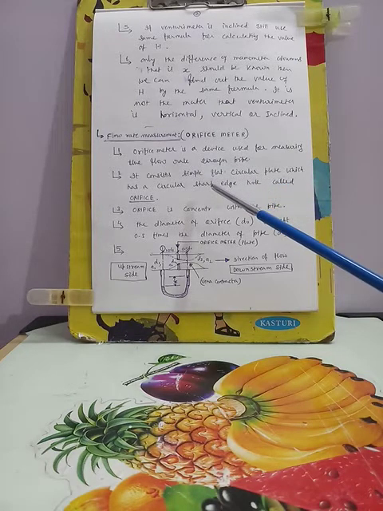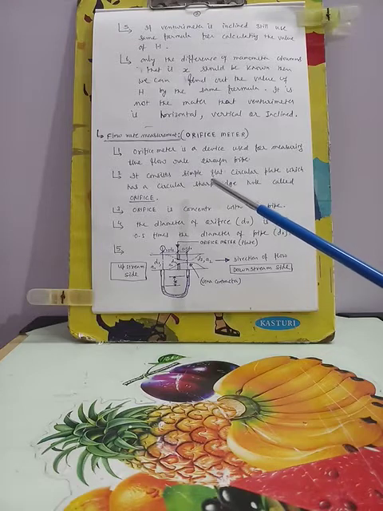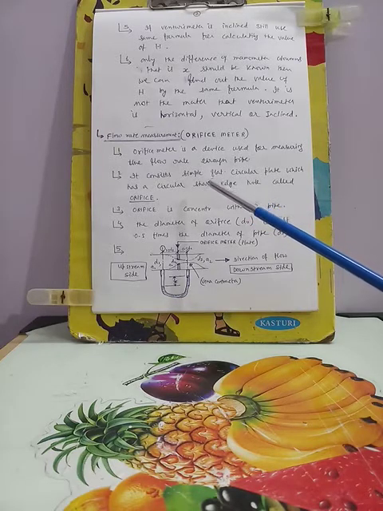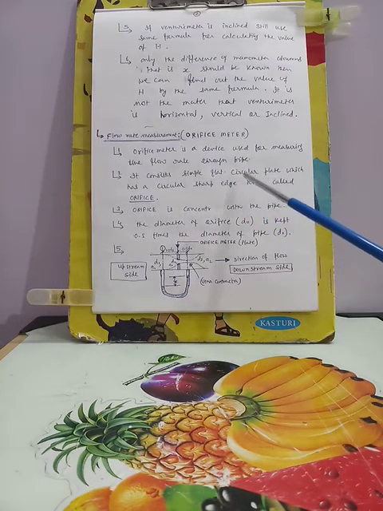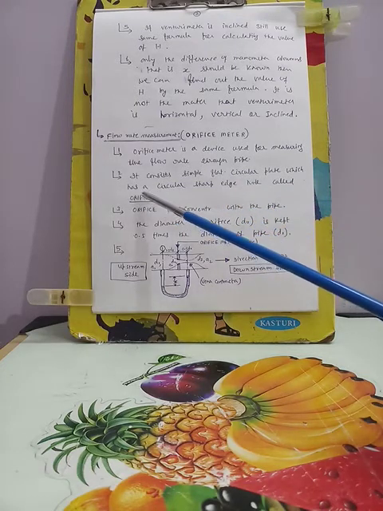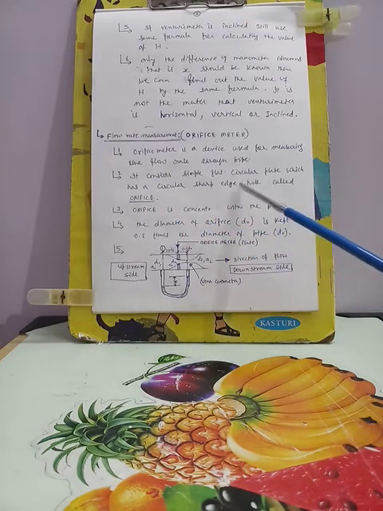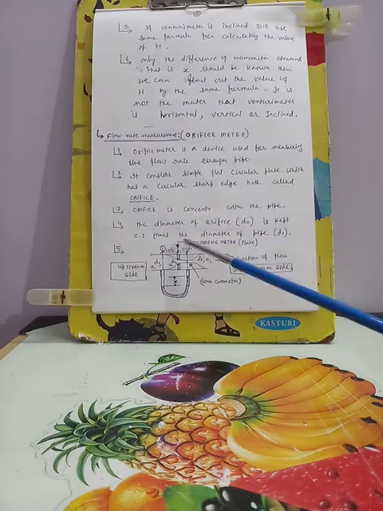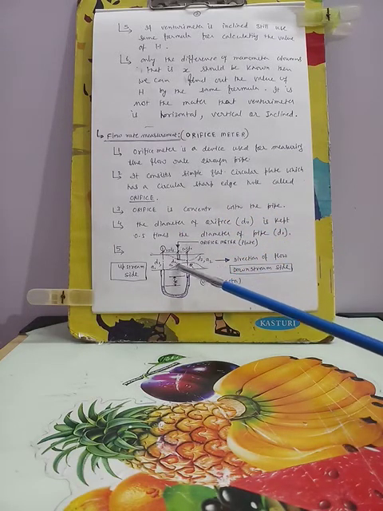It is very simple and its cost is very low. It is simply a circular plate which has a circular sharp-edged hole called an orifice. Here it is shown. It is a circular plate.